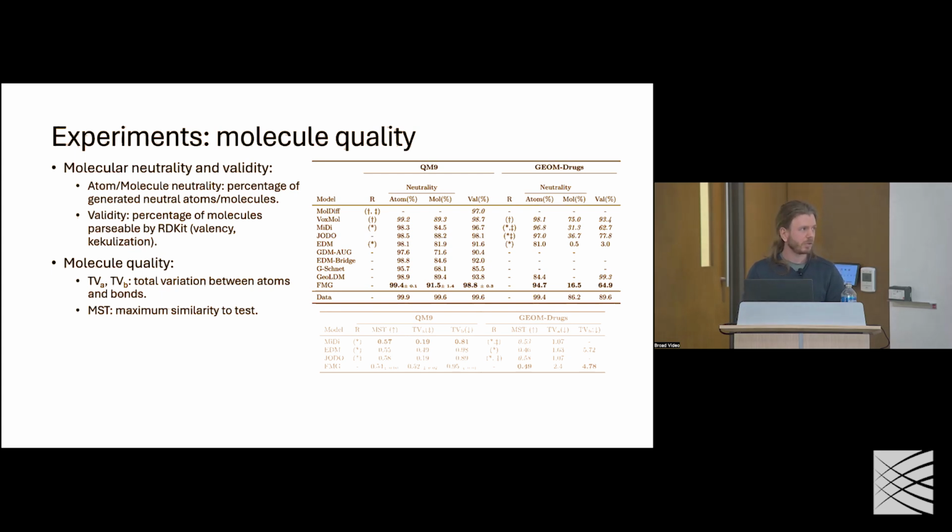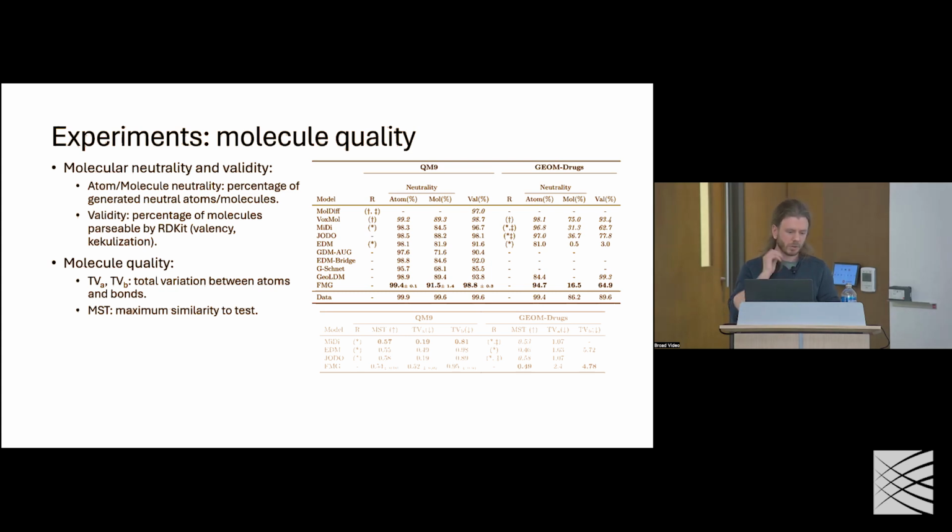Then we look at a few molecule quality properties. For this, we define the total variation between the count distributions of various atom types and covalent bond types. The total variation is just some distance metric between probability distributions. And then we also have the MST, defined as the maximum similarity to test.